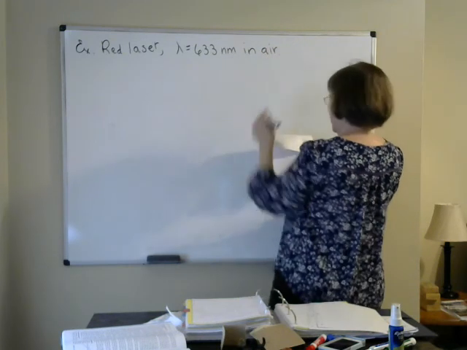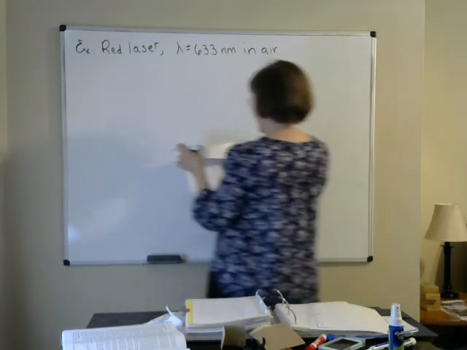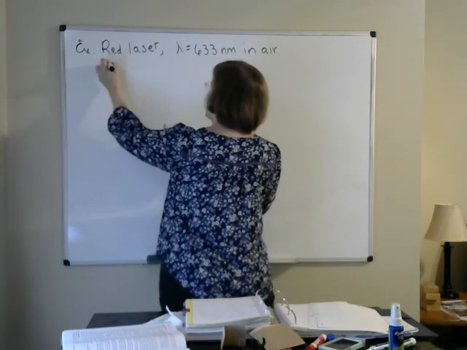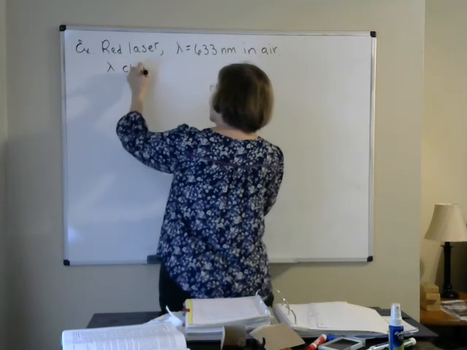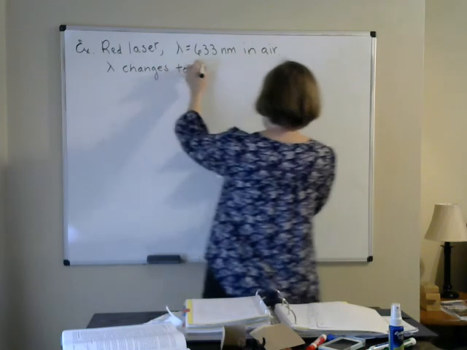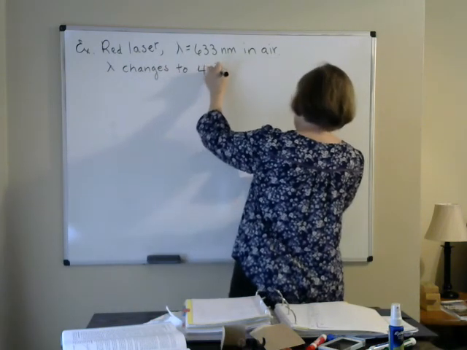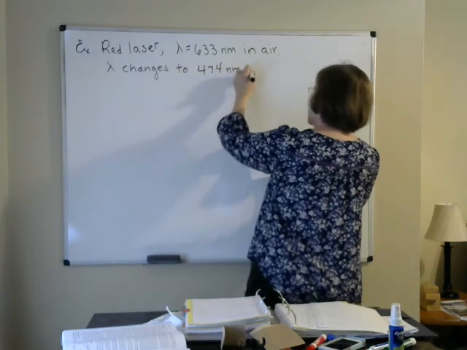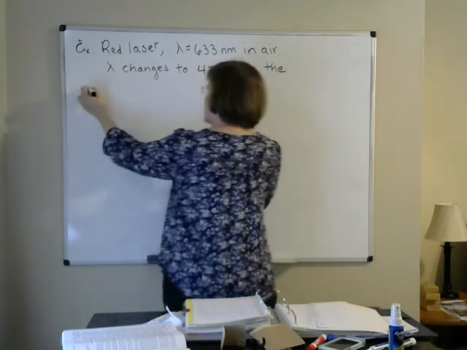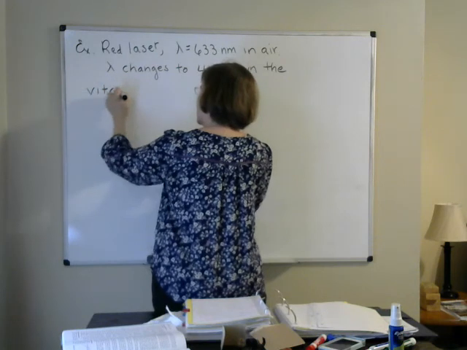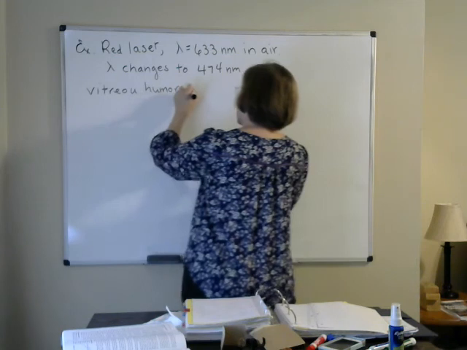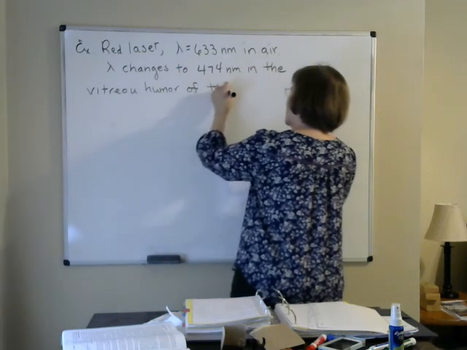Lambda changes to 474 nanometers in the vitreous humor of the eye.